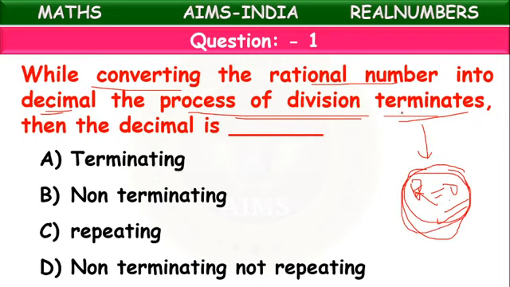So that's why division terminates. Then what is the decimal name? Terminating, non-terminating repeating, non-terminating not repeating. They have clearly given the division terminates, so it's an example of terminating decimal.